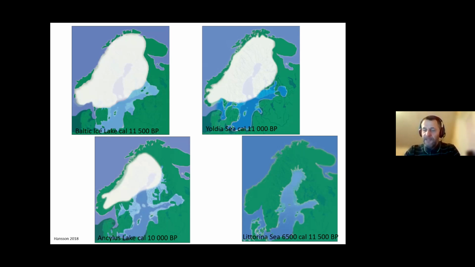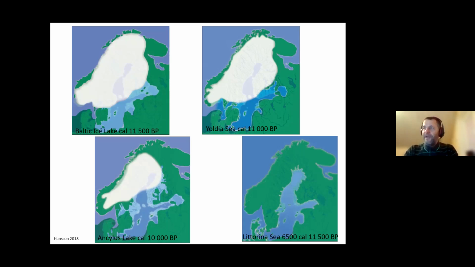Some of the animals from that time are also living in the Baltic Sea nowadays, including the ringed seal, which I'll show you later as well. The ringed seal is a classical so-called ice age relict species in the Baltic Sea, which has been here for several thousands of years.